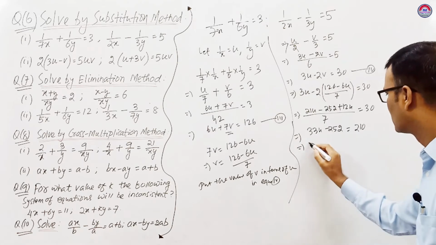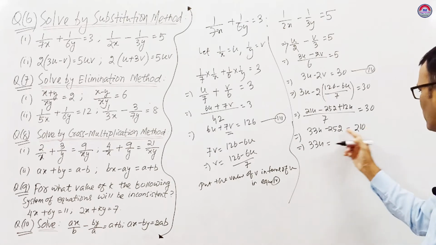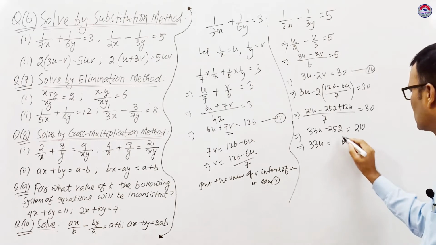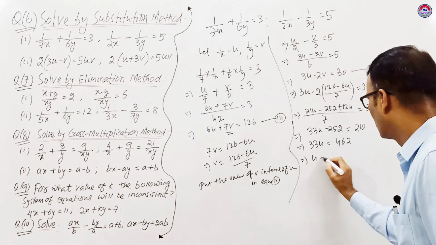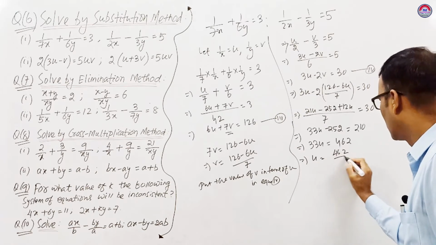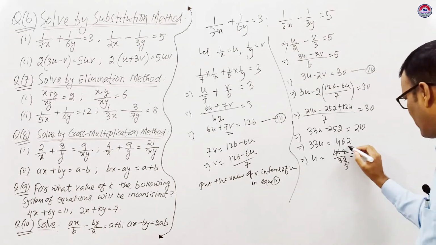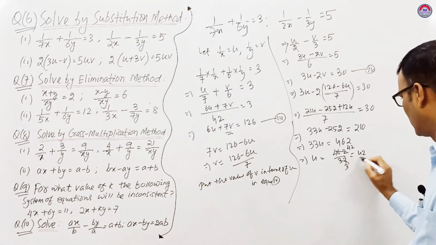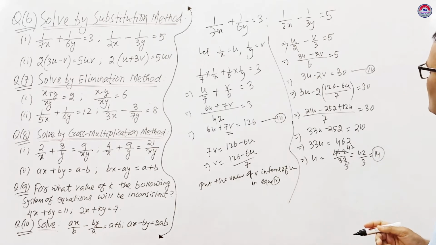Then 33u is equal to 210 plus 252. If you add, it is 462. Then u equal to 462 divided by 33, which is 14. So here u equal to 14.